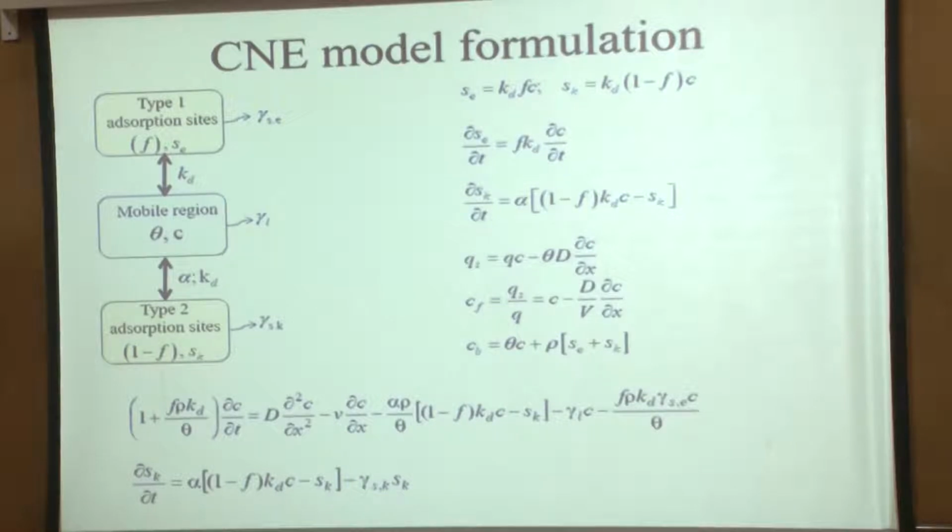And there are other sites, type 2 sites, where this exchange is rate limited. That means it depends on this rate alpha. Therefore, the exchange between the solid phase concentration and the liquid concentration C is proportional to alpha. It's also proportional to the solute concentration difference between the liquid and the solid phase concentrations.